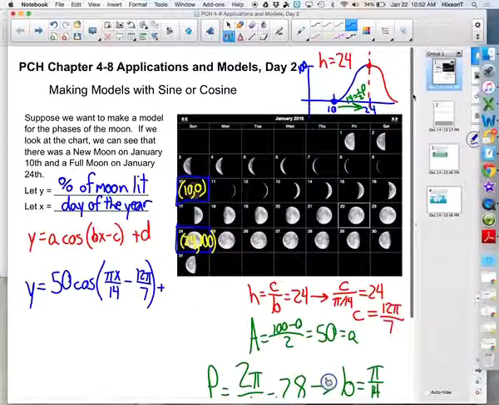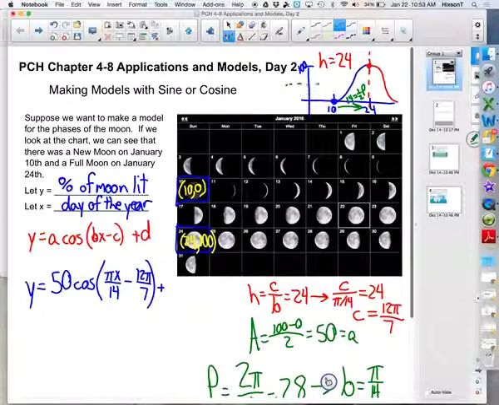Well, it did translate. Remember, cosine normally goes from positive 1 to negative 1. And if the amplitude were 50, it would go up to 50 and down to negative 50. So, yeah, it's shifted 50 units up. And that's where you can use your amplitude as well here, guys.